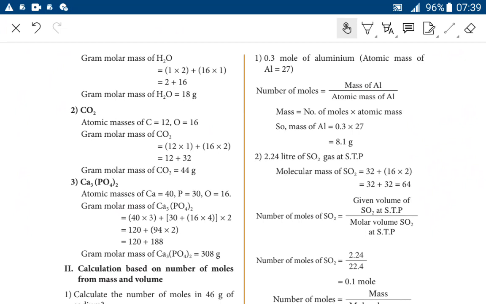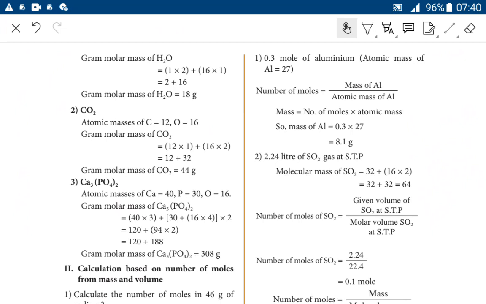Then phosphorus, atomic mass is 30 and the number of atoms is 2. The oxygen, O4, is also multiplied by 2.